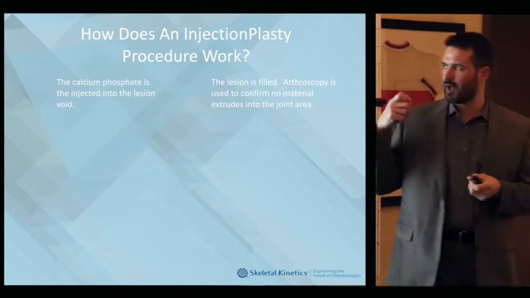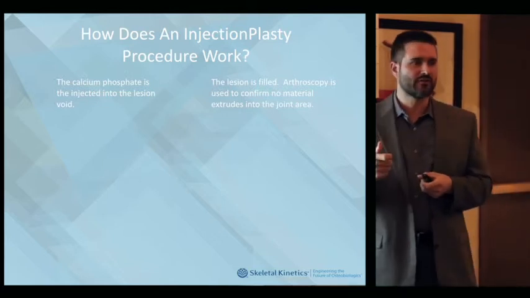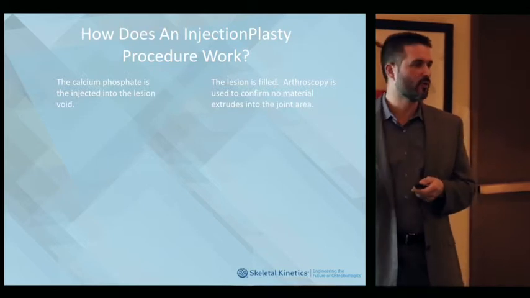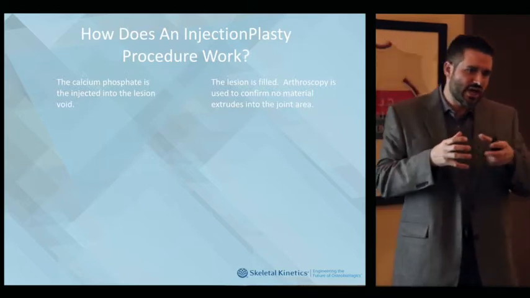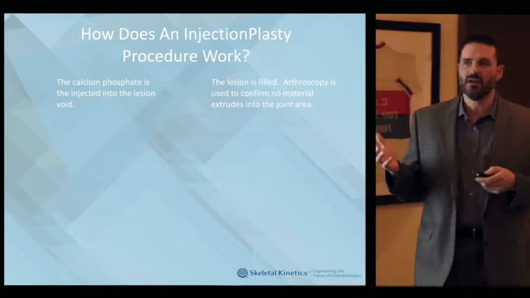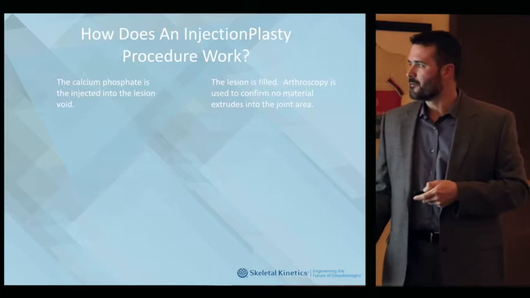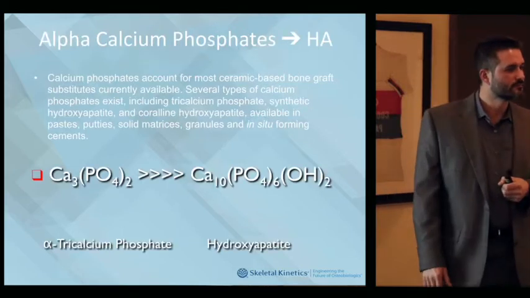So when I'm doing a knee, I'll have a scope in the knee, looking inside the knee, at the same time I'm injecting that under fluoro. And you can see like a shadow where it's filling in. And it's pretty cool because it matches your MRI. And that kind of tells you you're in the right area. So you're having fluoro, arthroscopy, and injection at the same time?